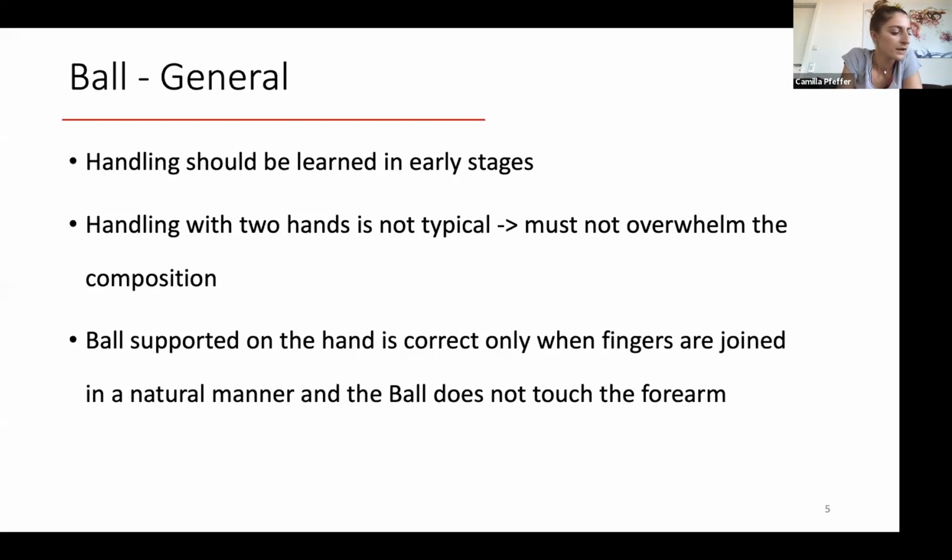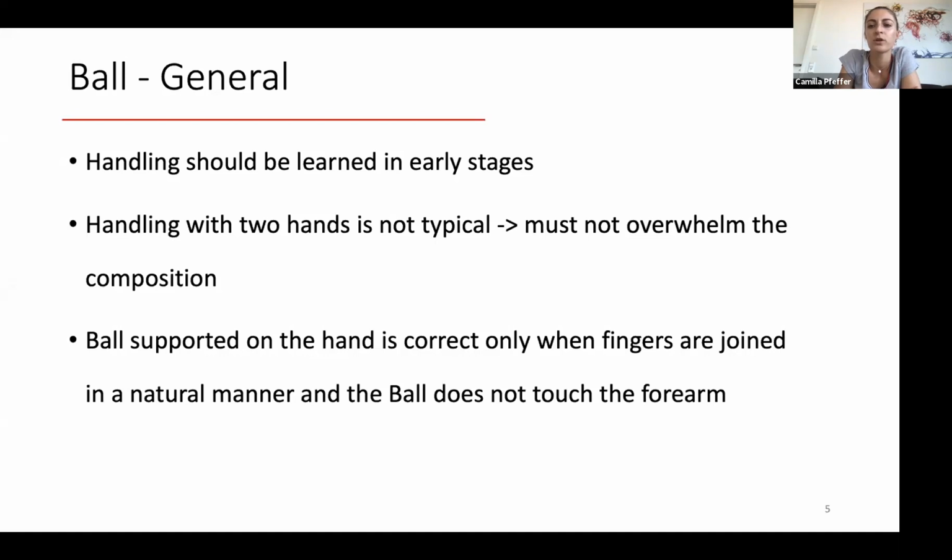And if you learn to throw with the ball, you will be able to throw any other apparatus. The code of points says that it's not typical to handle the ball with 2 hands. So you should really look that the gymnasts don't take the ball with 2 hands too much. It may not be at all, in best case, only in a very small amount in the composition, and not very visible.